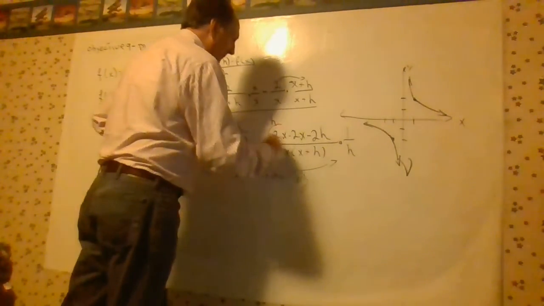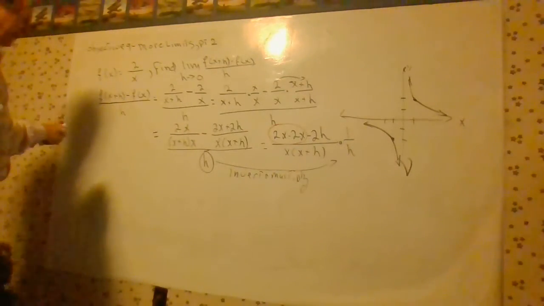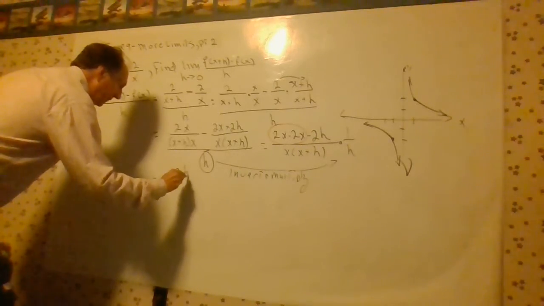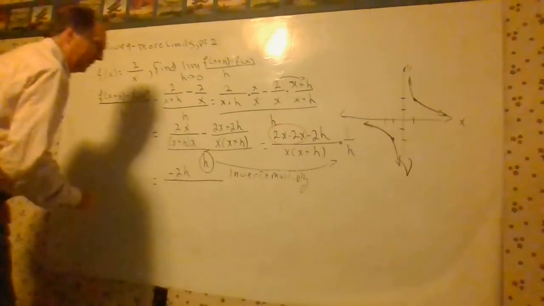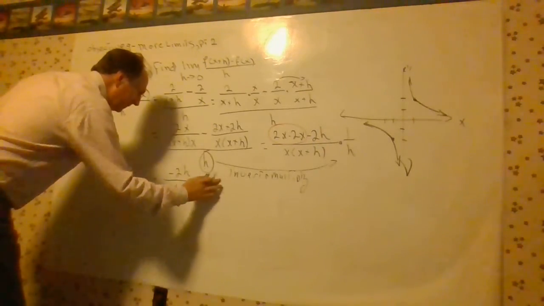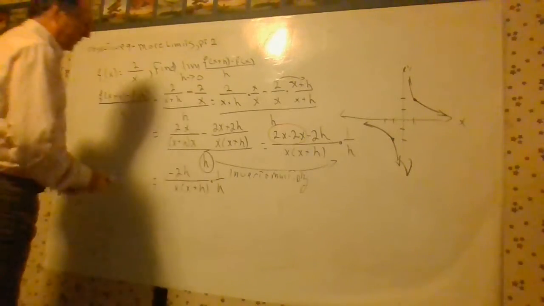And then the next step, we can cancel out that. And it gives us negative 2h over x times x plus h, times 1 over h.